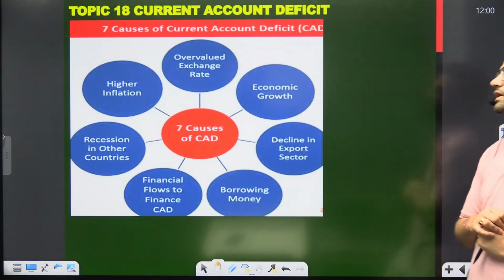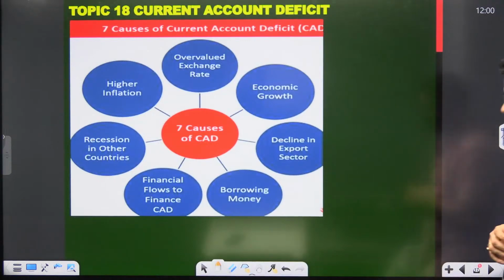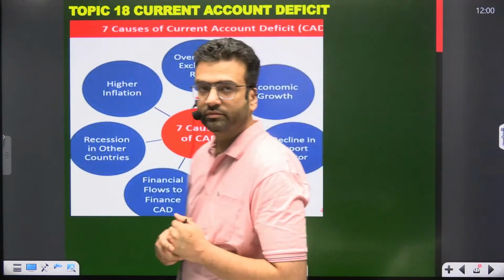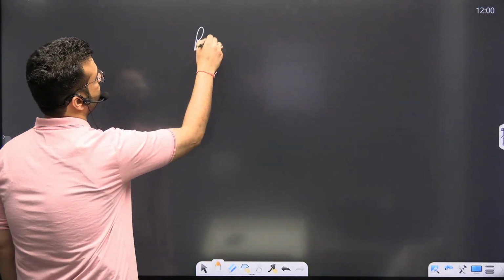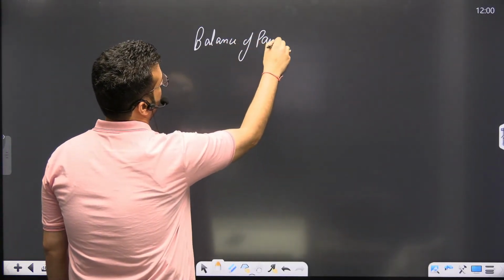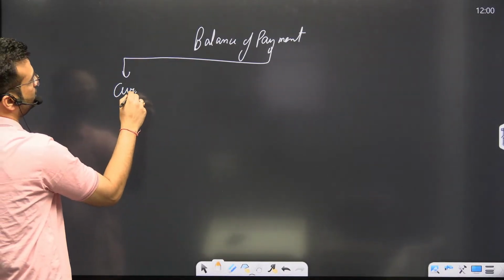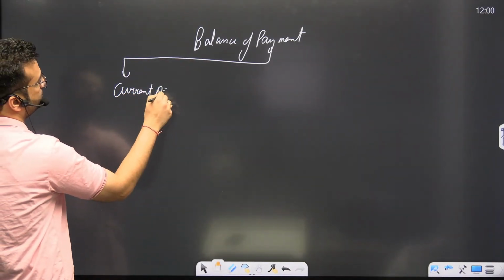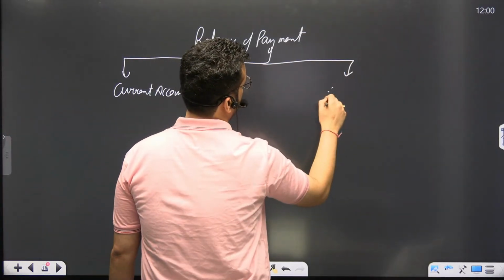Now, let's discuss current account deficit. What is current account deficit? So friends, what is current account? In balance of payment we have two components. First is current account. Second is capital account.